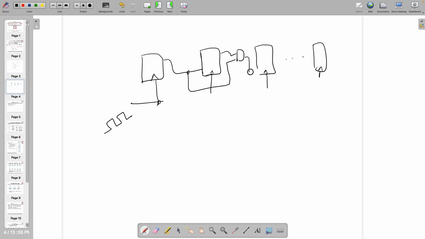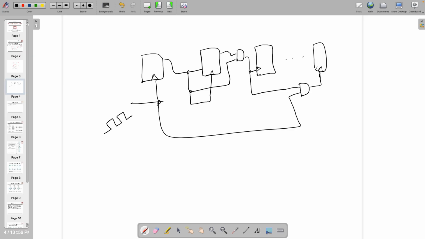I'm just giving some example. Something like this. So all the clocks are derived from some condition. If something arrives, then something is going to happen. This kind of design is known as asynchronous.